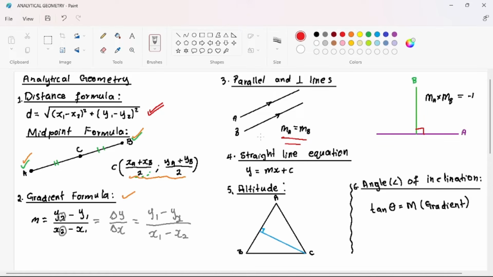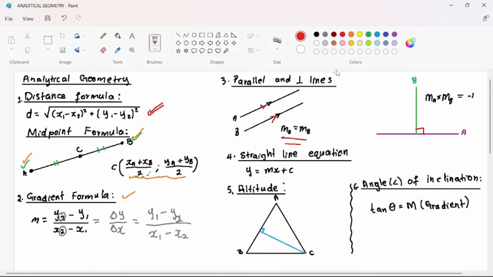It simply means that the gradient of this line or this graph, which is A, is going to be equal to the gradient of that other line that they are saying it is parallel to, right? So if you are told, only if you are told, guys, you must conclude that their gradients are equal or the same, right?